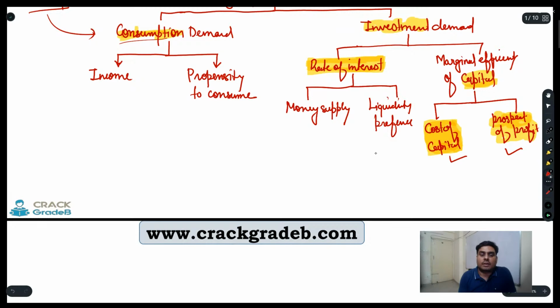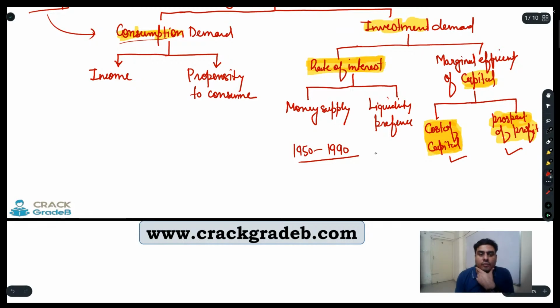However, if the rate of interest, for example, from the 1950s to the 1990s, during this phase, the labor cost was also very cheap at that point of time. Prospect of the profit was also very high, but in India the rate of interest was very high, to discourage private investments, right? So the rate of interest is going to hurt me. That's why I am not interested to invest.